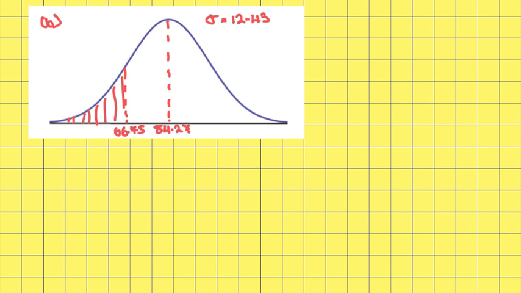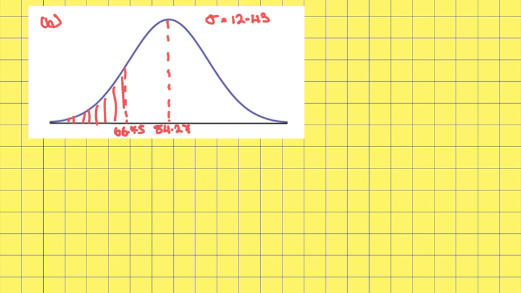So when I put it into the calculator, my upper bound will be 66.75 and my lower bound will be a very small number. I can't put negative infinity, but I put a very small number.